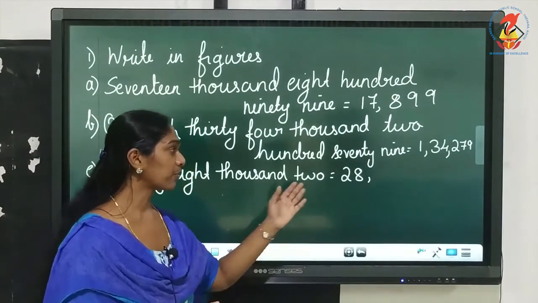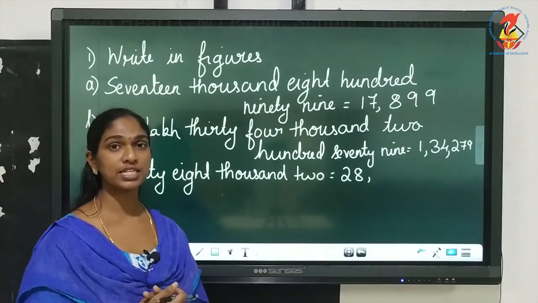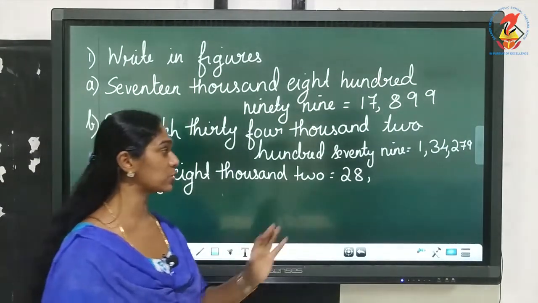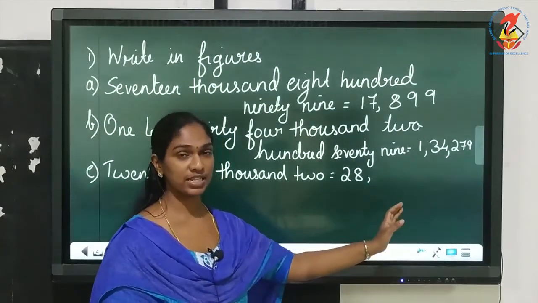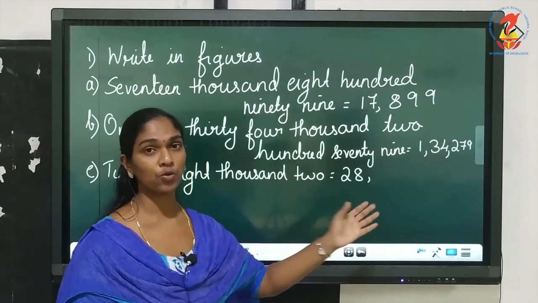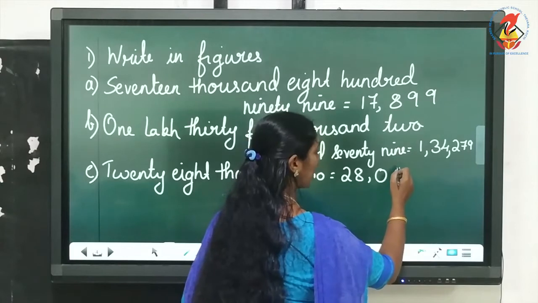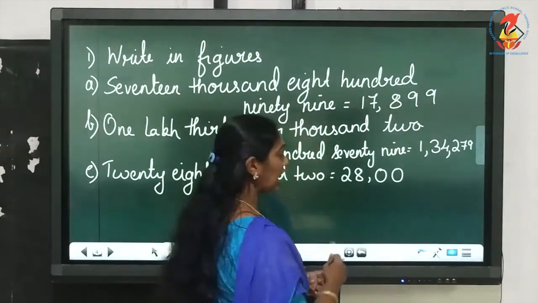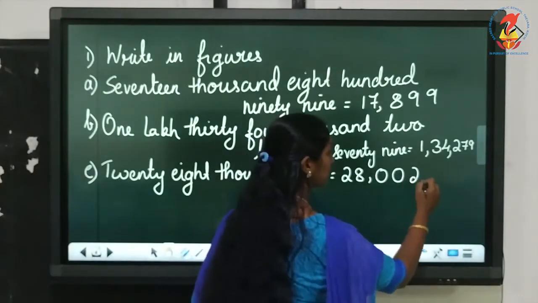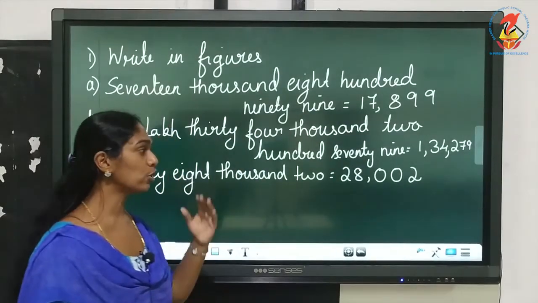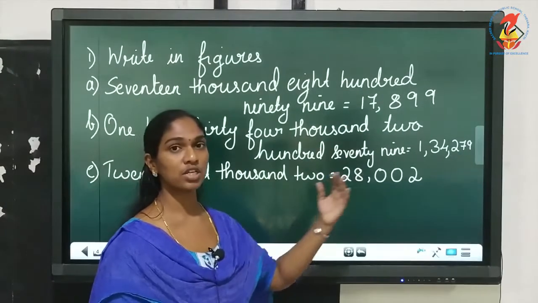Okay, children? See, 2 means 2 comes in the ones place. That means there is no number in the tens and hundreds place. So what will we do there? In that case, we will put 0 in the hundreds and tens place, and then you have 2 that comes in the ones place. So 28,002.